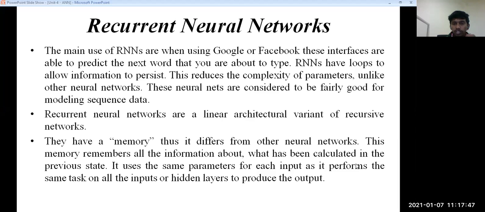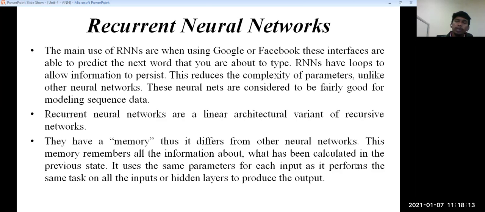Also, whenever you are using Facebook search, if you type any alphabets or words, suppose you are searching for your friend's name, once you type one or two letters, automatically all those predictions from the network will be available to you. That is also developed using the recurrent neural network concept. So RNNs have loops to allow information to persist.